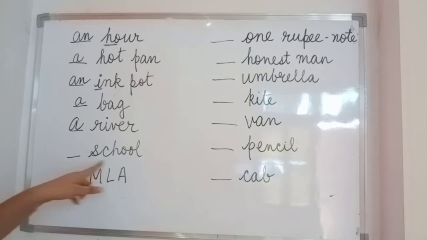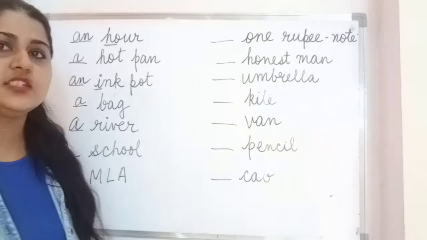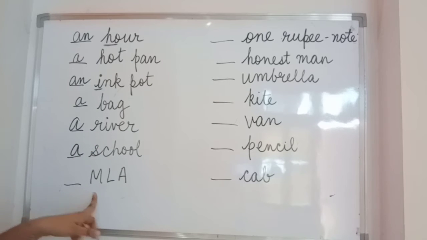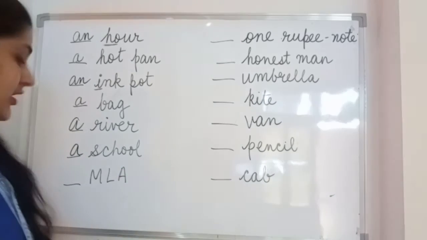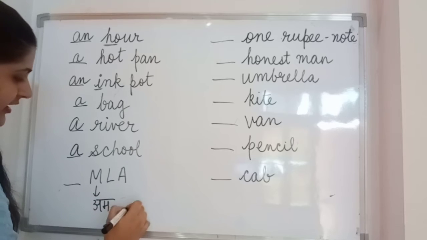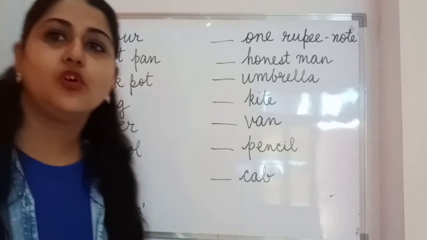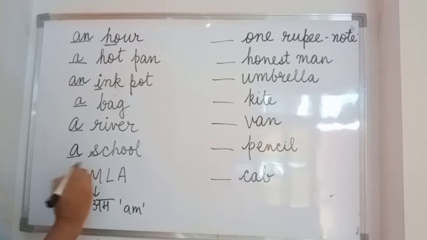Then school. The sound here is consonant. Then how will we pronounce MLA? MLA. M means the sound is em, right? So it's starting with a vowel sound, so we will put an MLA.